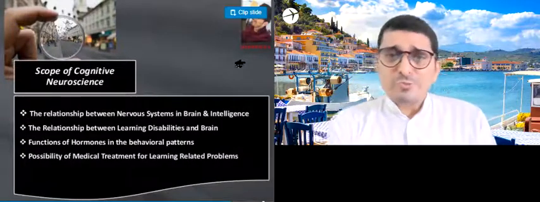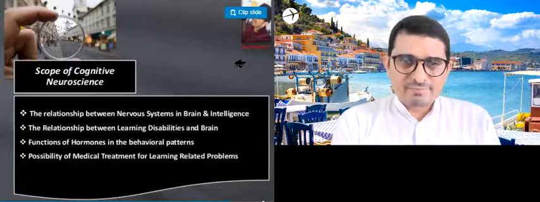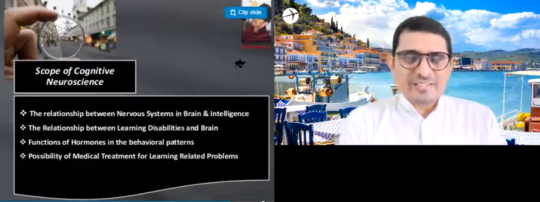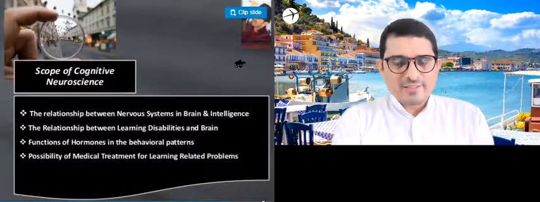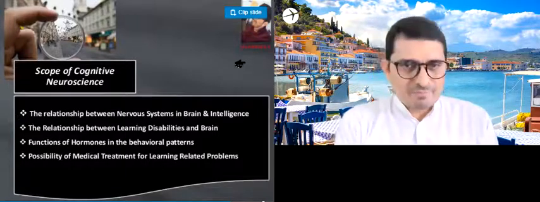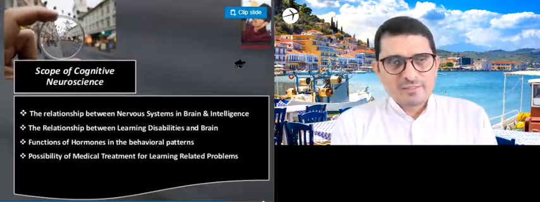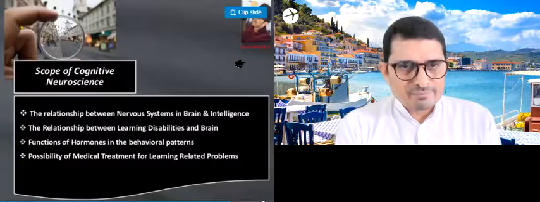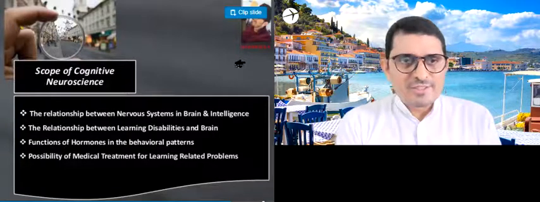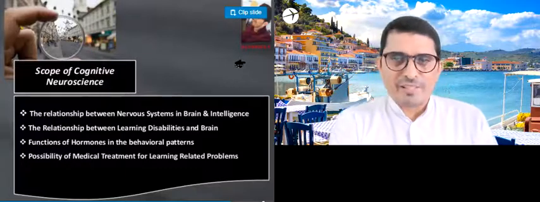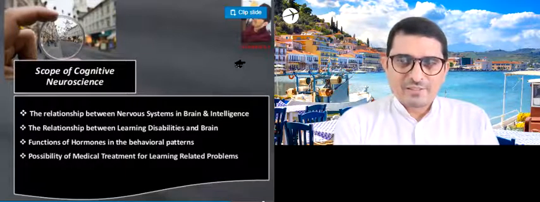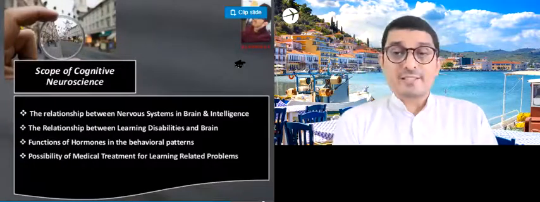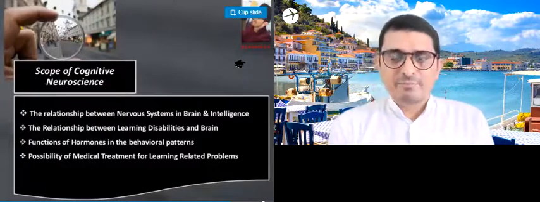And what is the scope of cognitive neuroscience? If cognitive neuroscience is developed more, then it has got a wide scope. It can study the relationship between the nervous system in the brain and intelligence. And this is something important, because all of you know that intelligence is important in the case of learning.